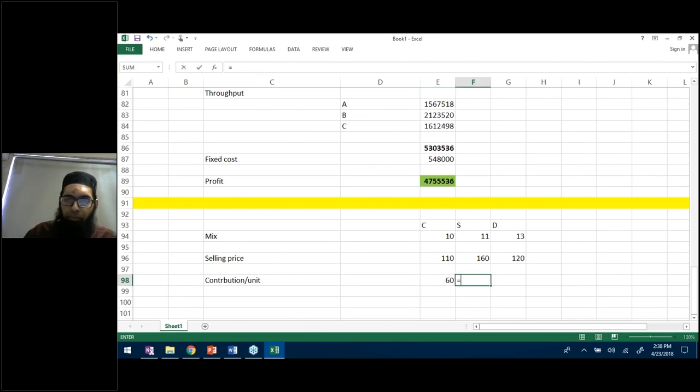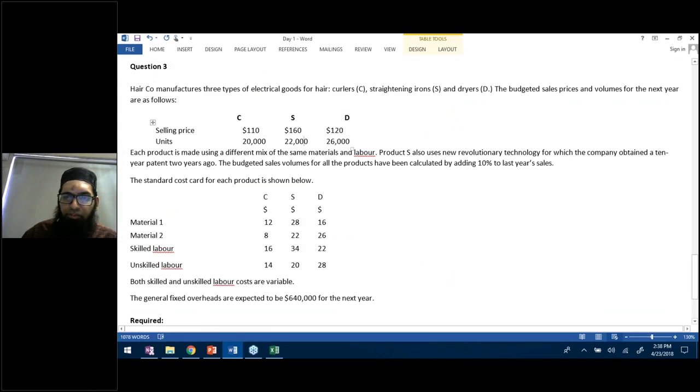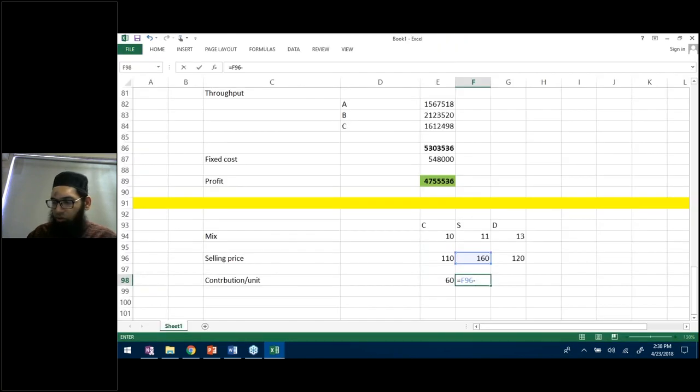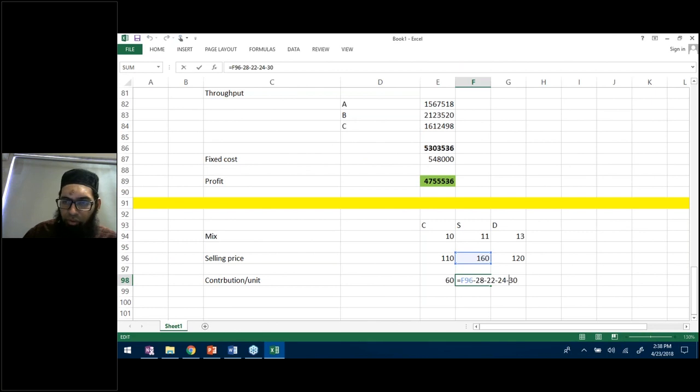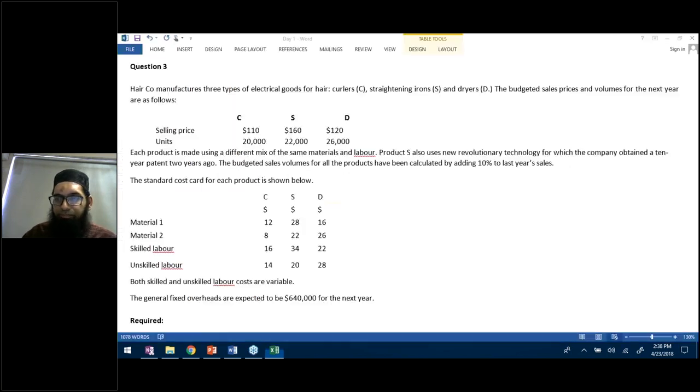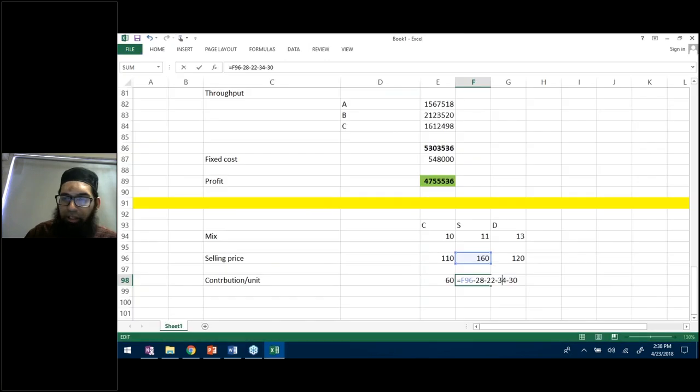Similarly for S it will be selling price minus the variable costs of S, which are 28, 22, 34 and 20. It's 34, not 24. So let me correct that. It's 34 and 20 rather. Right?